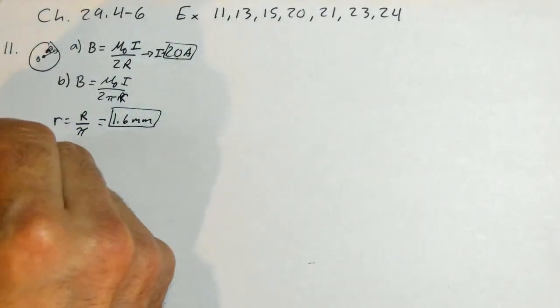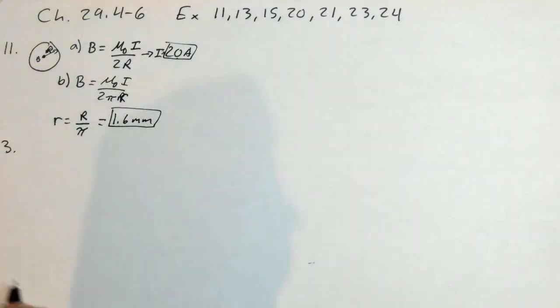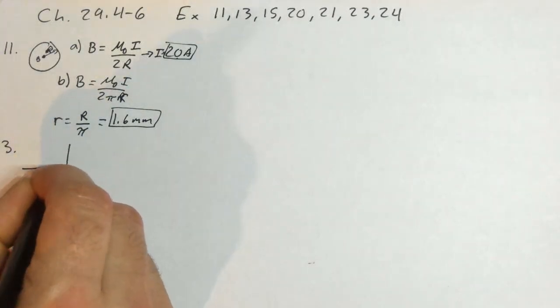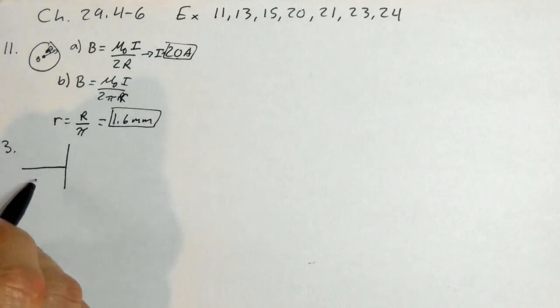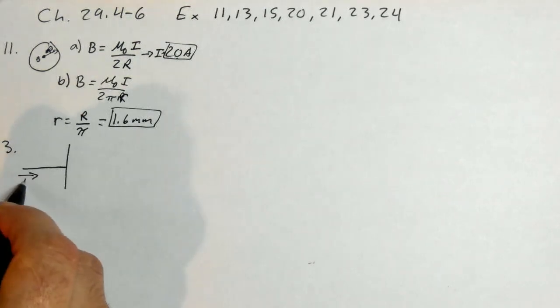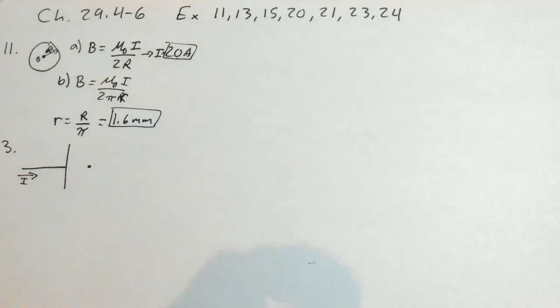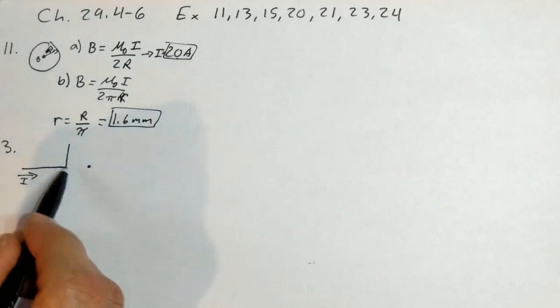Okay, now number 13. On 13, we have this configuration. We have wires that are all identical. We have current flowing into that junction from this side, and we're asked what is the magnetic field right there. What do you think? First of all, you should probably ask, what's happening to the current when it gets here?